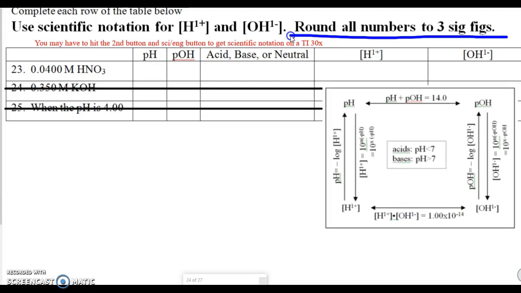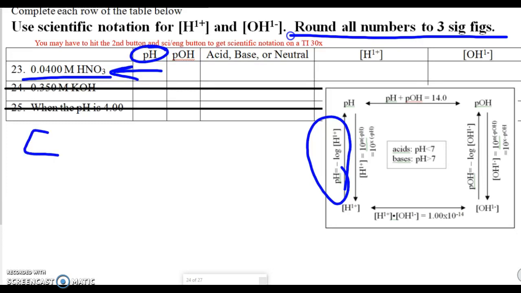So in this problem, number 23, we're given the molarity of the nitric acid, and we need, first of all, to calculate the pH. According to this over here, pH is equal to the negative log of the hydrogen ion concentration. This is a strong acid, which means it's going to break apart completely into hydrogen ions and nitrate ions, which means our hydrogen ion concentration in this problem is going to be equal to 0.400.